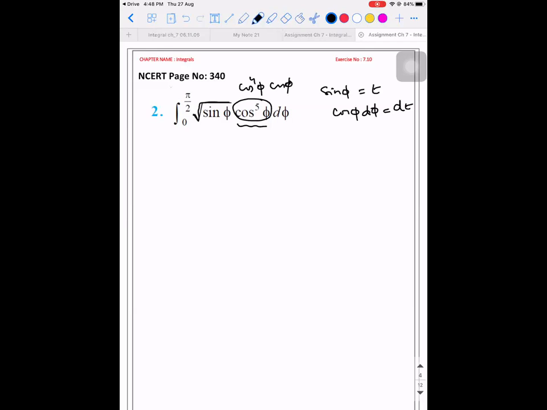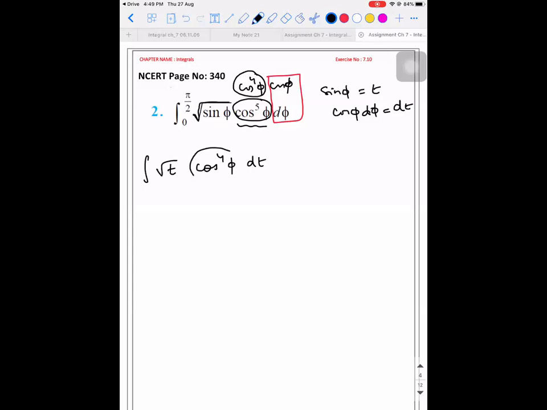So this cos phi d phi, I will take as dt. Observe, the integral, as of now I'm not taking the limits; limits I'll put at the end. I will have square root of t into cos power 4 phi into dt.